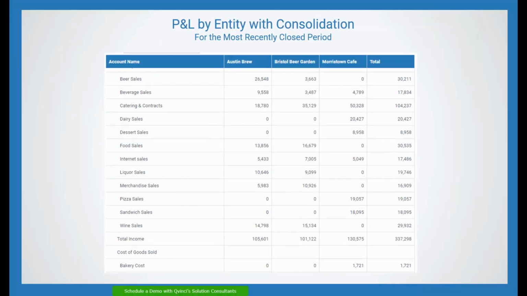So let's do something else. What if I wanted to see by entity for the most recently closed period, being the 4-week period? The prior period was 4 weeks. So this is 4 weeks for Austin Brew, Bristol Beer Garden, and Morristown Cafe, and consolidated data. So you can imagine that when you have the data in a solution like Qvinci, transactional data by day, we're grouping it according to the weeks and the periods that you want.